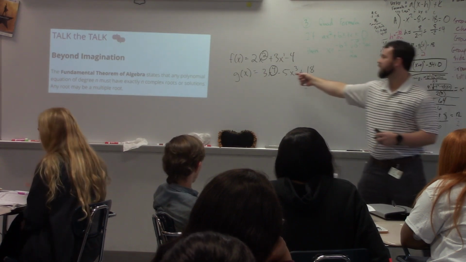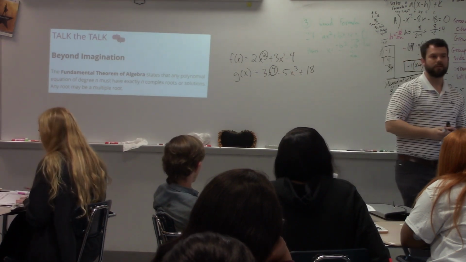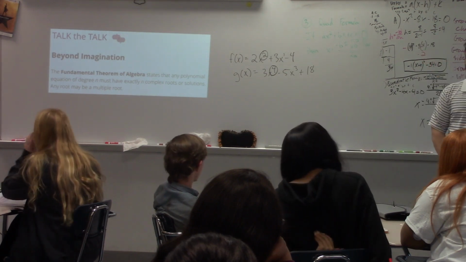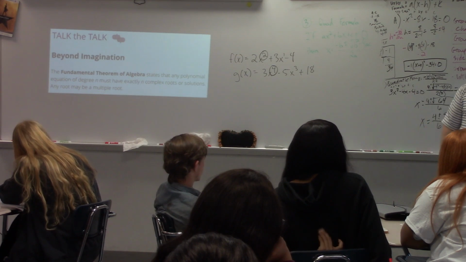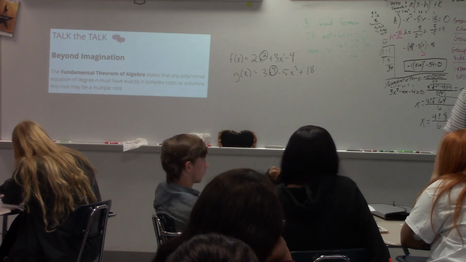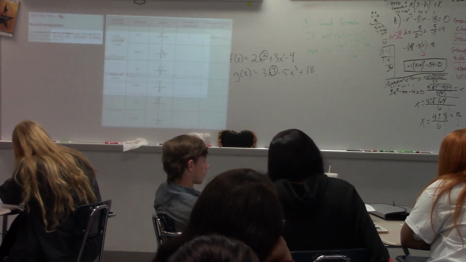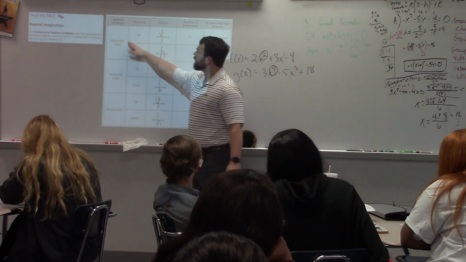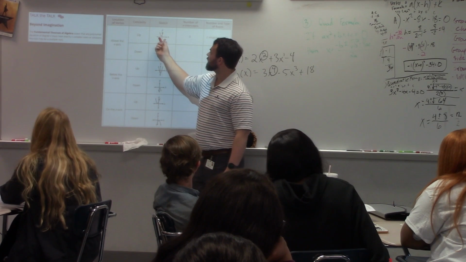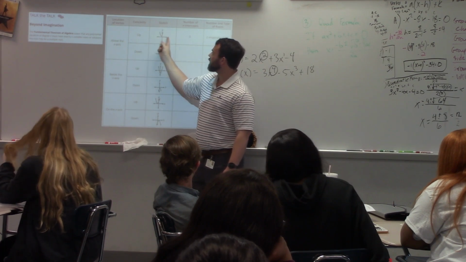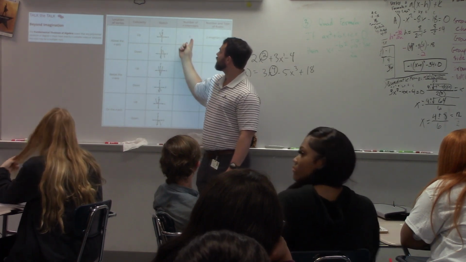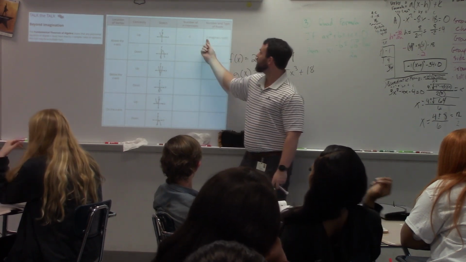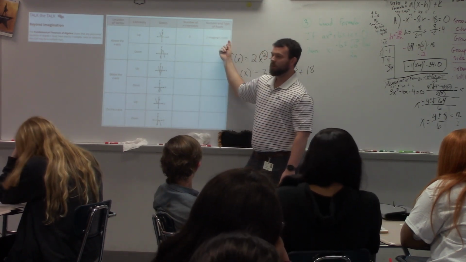So this is fourth degree. So how many roots would that one have? That's it. That's all that thing is saying. So if it was seventh degree, how many roots would it have? 7. That's it. So here, looking at this, notice when we have the vertex above the x-axis and it's concave up, how many x-intercepts did it have? It had 0 x-intercepts, but how many roots does it still have to have? 2. So both of them had to be imaginary.